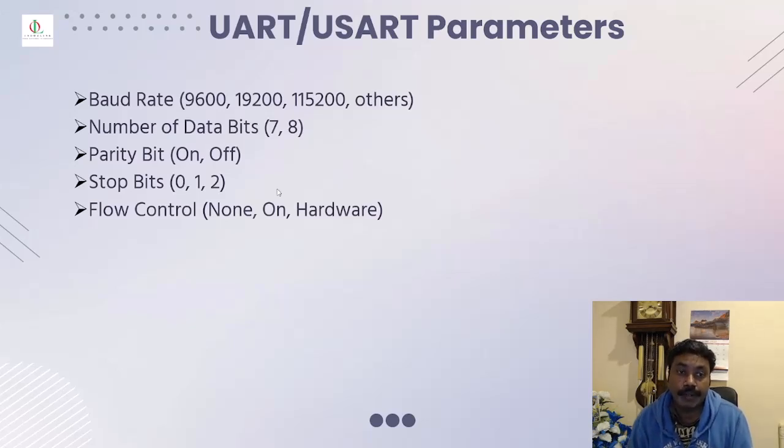And also for data transfer, you can use stop bits. In general, it will come as 0 bits, you don't need anything for USART. But in terms of asynchronous, if you want to transfer the data, then you occasionally need 1 bit or 2 bits to tell the microcontroller that data has been received or transmitted, and then it stops.